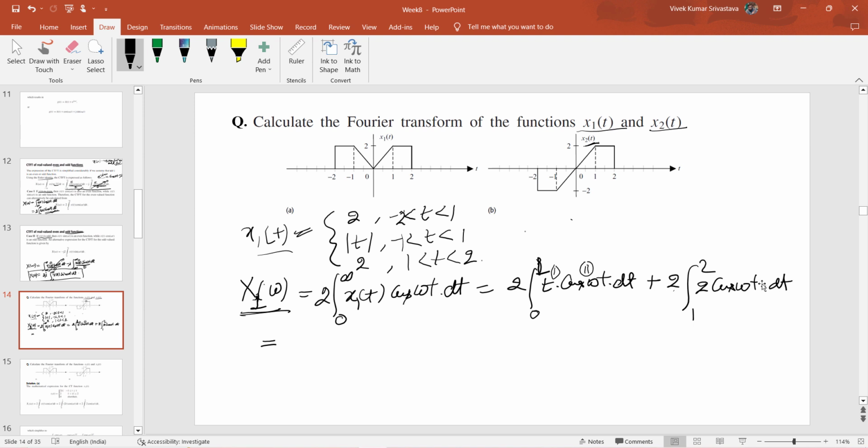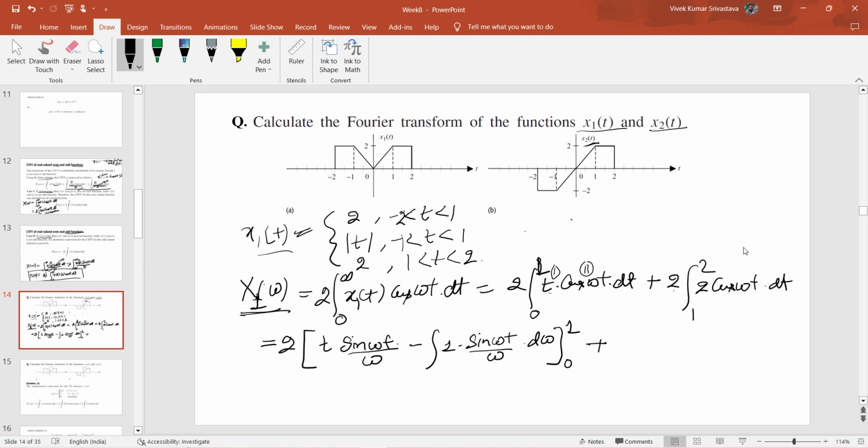So we evaluate this as first part times integral of second part, that is, the integral of cos will be sine, minus the integral of d/dt of the first part, that is t, which equals 1, into sin(omega t)/omega dt. After that we have to put the limit of integration, from 0 to 1.